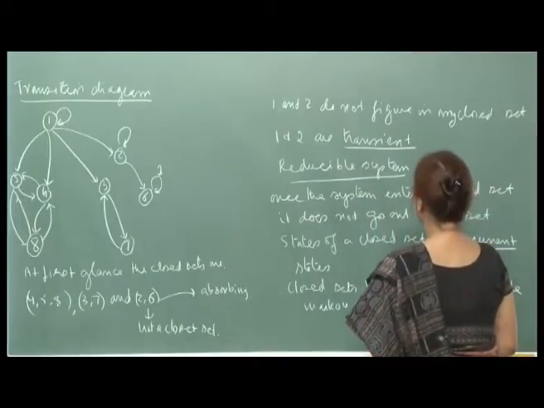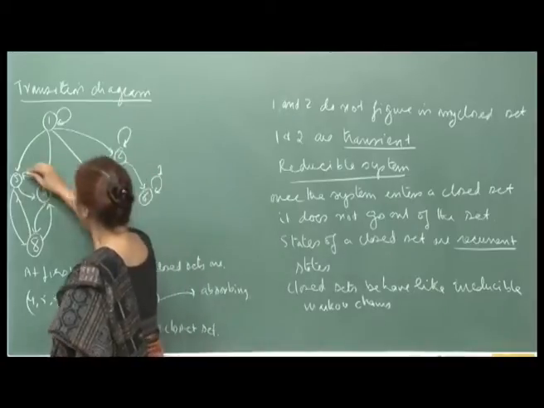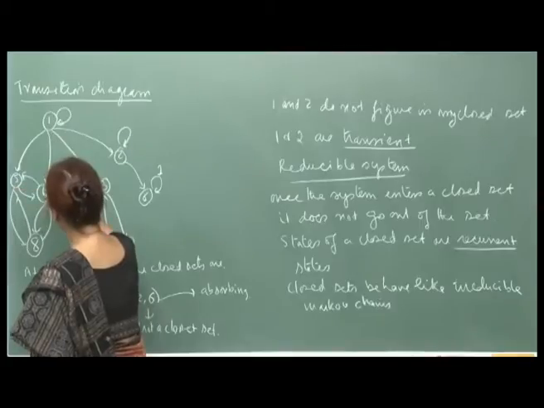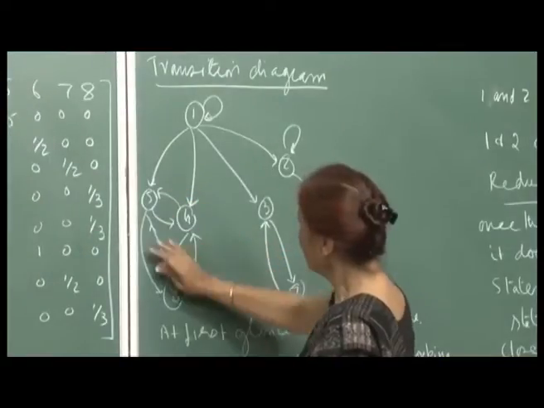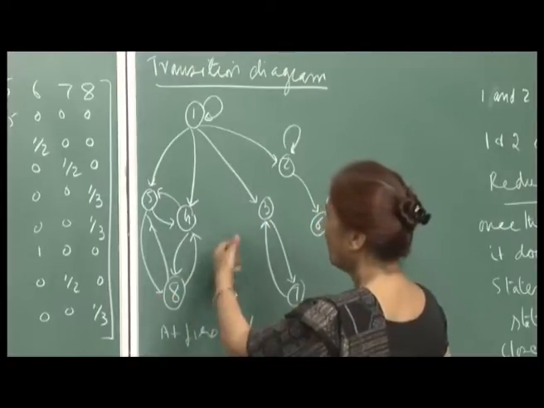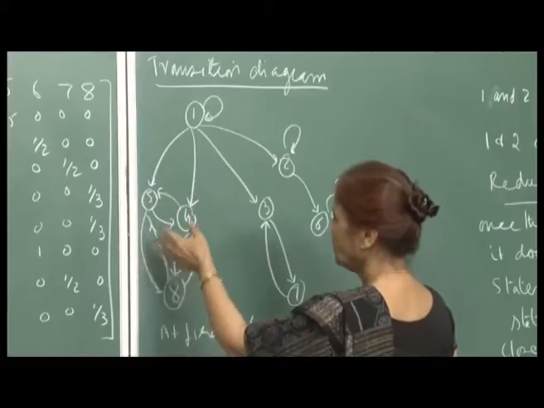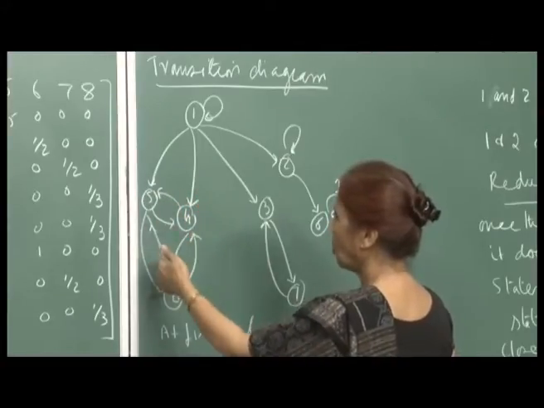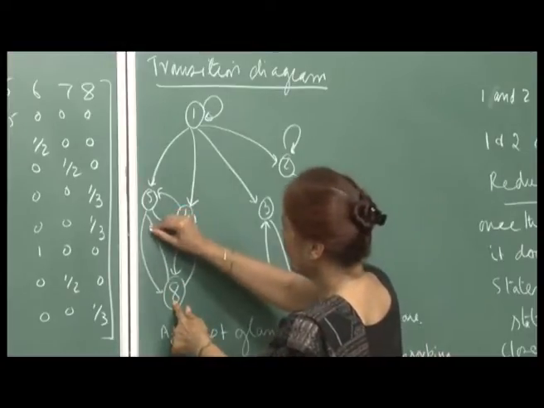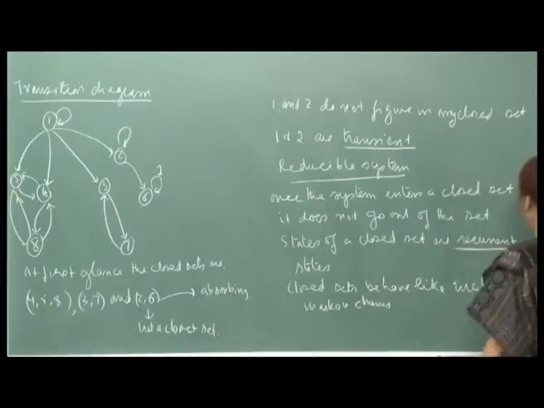Now, thirdly, once the system enters a closed set, suppose for example it enters state 5 or 4, then it will keep hopping among these states only. There is no way of going out, there is no arc going out of 4, 5 or 8. So, the system will for an infinite number of times go on hopping among the states 4, 5 and 8, and such states we will call recurrent, because they will keep occurring again and again.